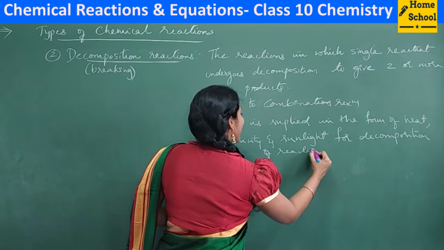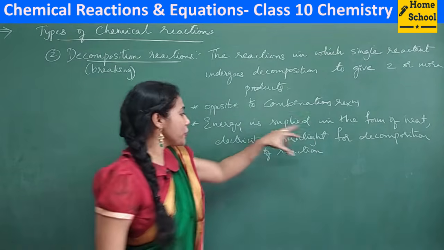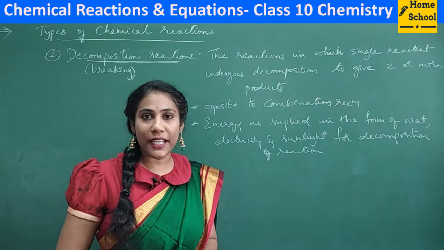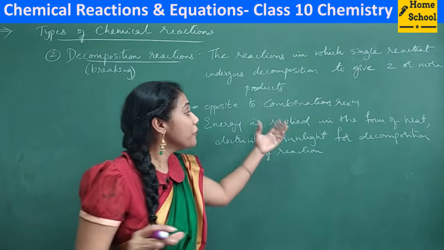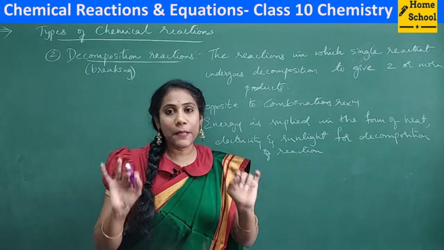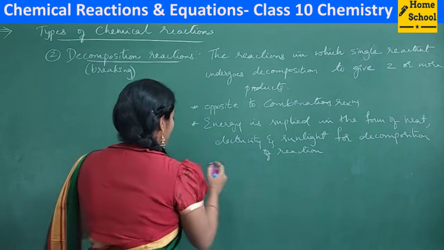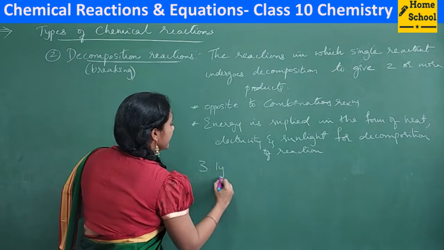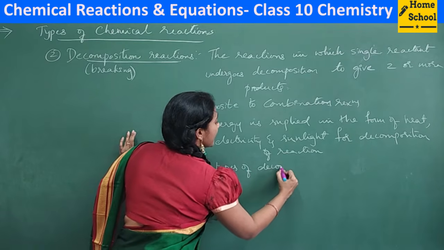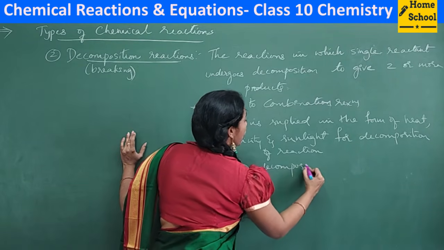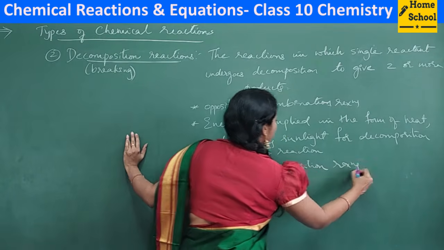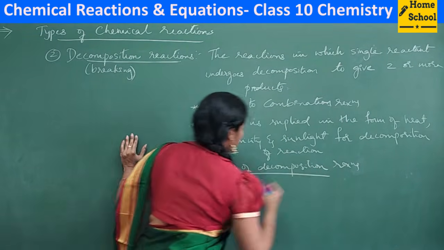And based on the type of energy that you are supplying, there are three types of decomposition reaction. So note down, there are three types of decomposition reactions. All three types of reactions are very important from the examination point of view.